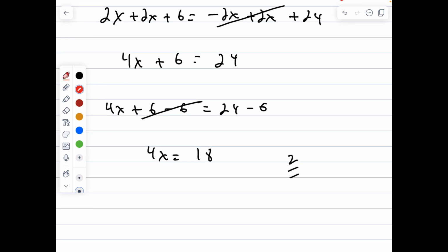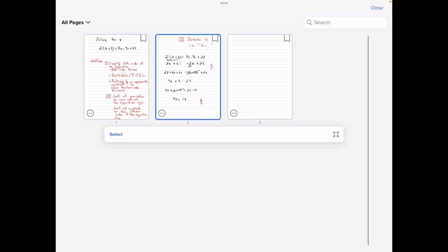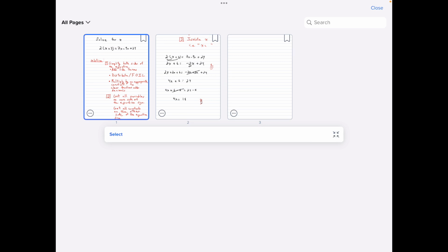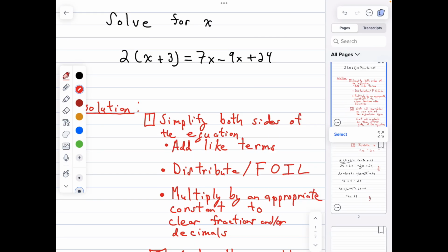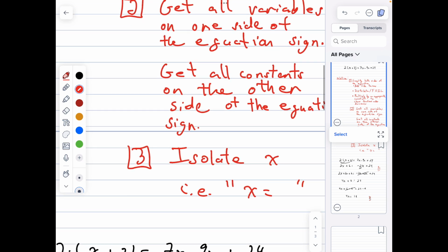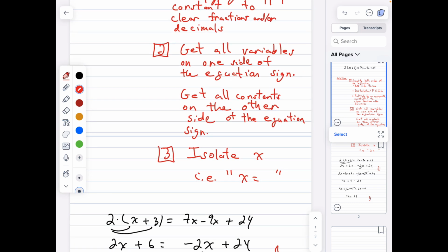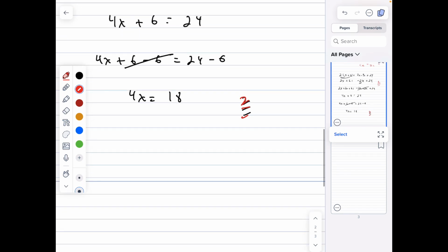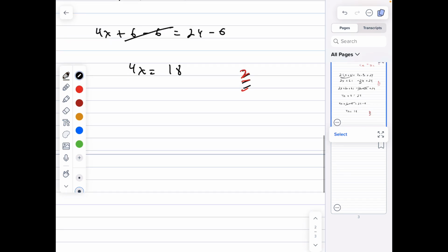And then finally, step 3. We're going to isolate x. All that means is that we're going to get x equal to something. For this, all you need to do is divide by the number in front of the x.